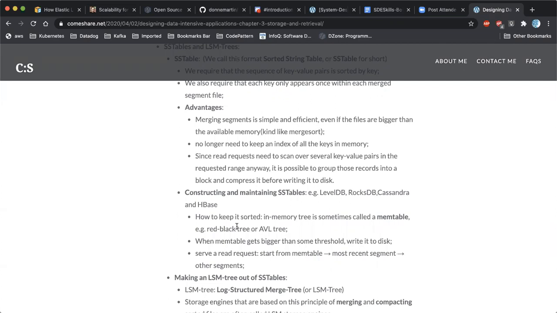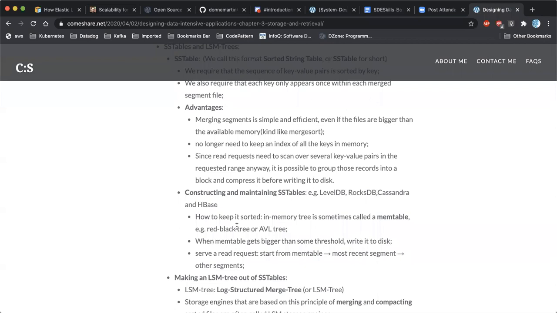So why the hash map? There is no hash map as such. I thought that we either need a red-black tree or... No, sorry. In memory, you can only retain a certain amount of data, like 20 MB or 30 MB.